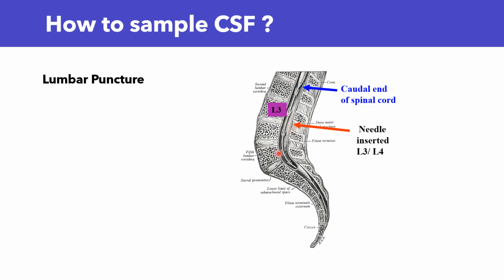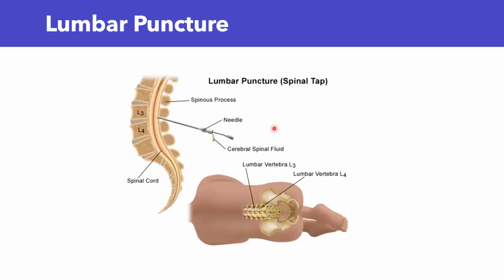Usually the doctor will puncture at the level of L3 or L4. What is the location of L3 or L4? It is found by drawing an imaginary line through the PSIS, the posterior superior iliac spine. That is where the doctor will puncture, between L3 and L4.